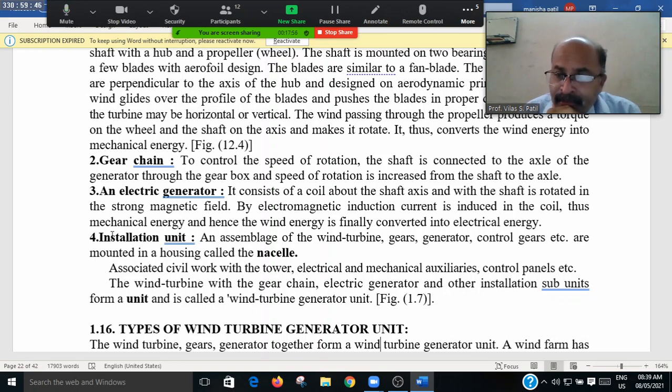And again, the rotation of the axis, rotating in the magnetic field, is converted into electrical energy. In this way, the wind energy is converted into electrical energy.